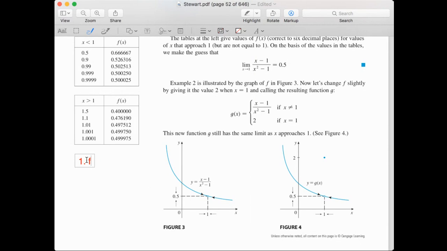First situation, for a continuous function: f is continuous at x equals a, let's give a value, means the left limit when x approaches a equals the right limit when x approaches a equals f of a.